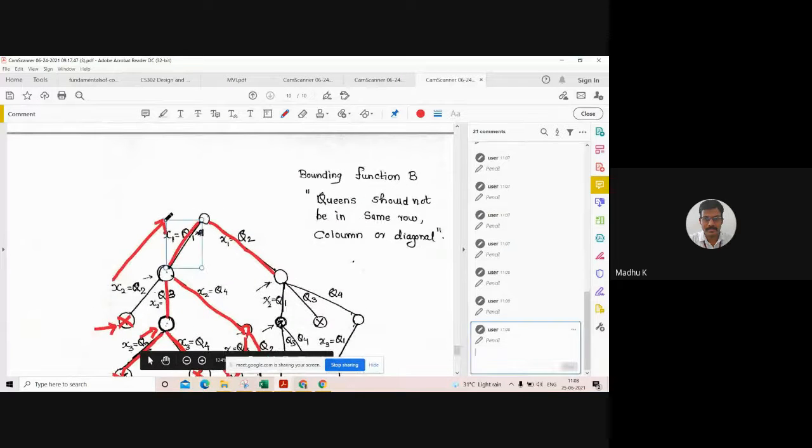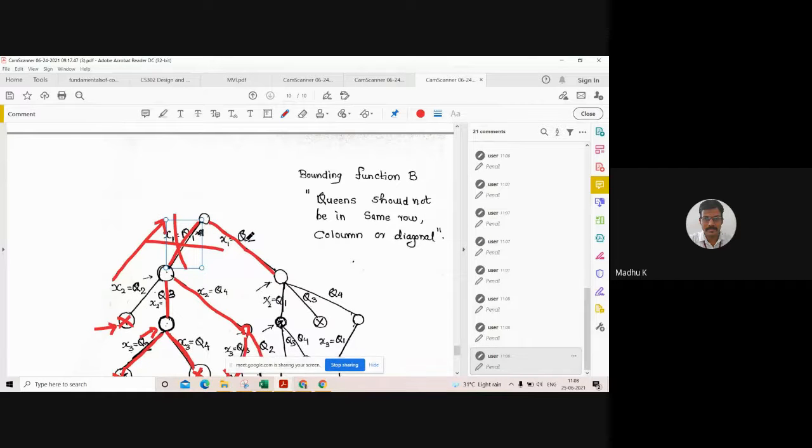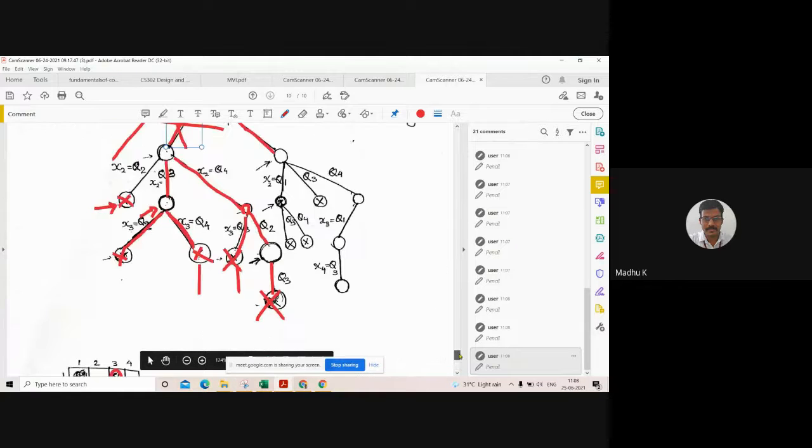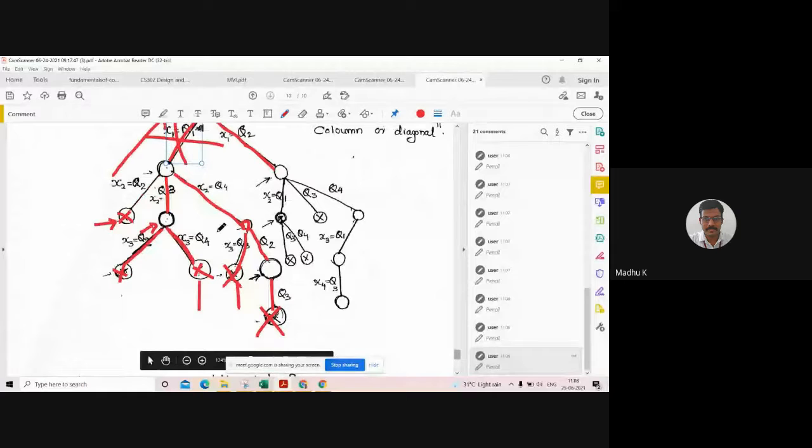This path is fully failed. So x1 equal to Q2: I will place Q2 in column 1. So it will always come here. Then I reach here.